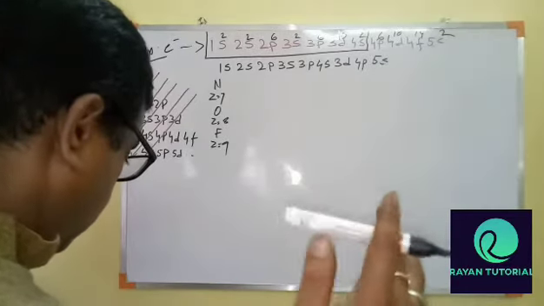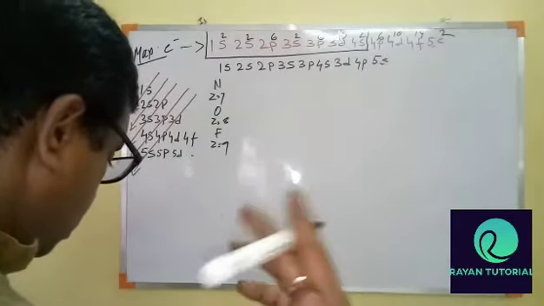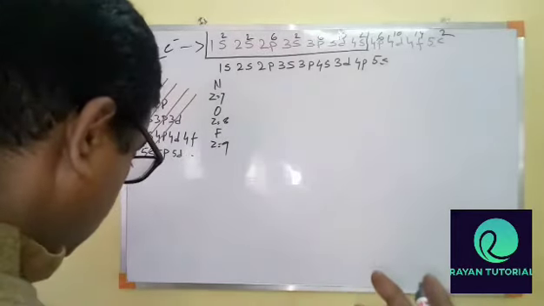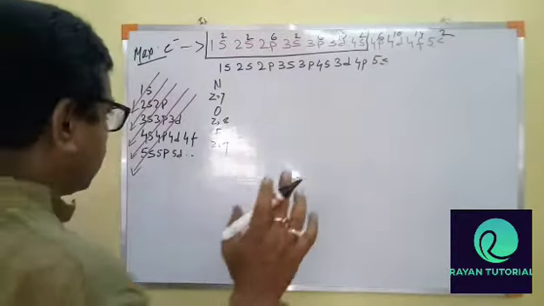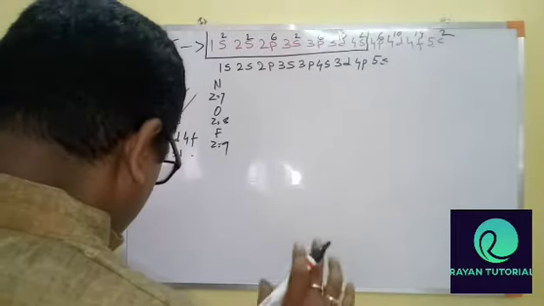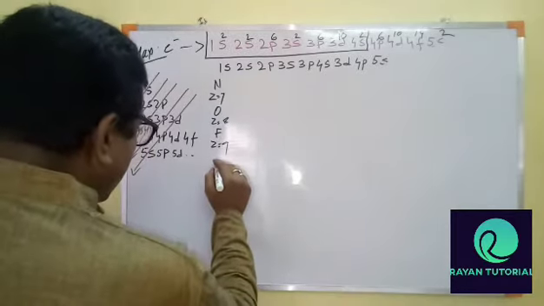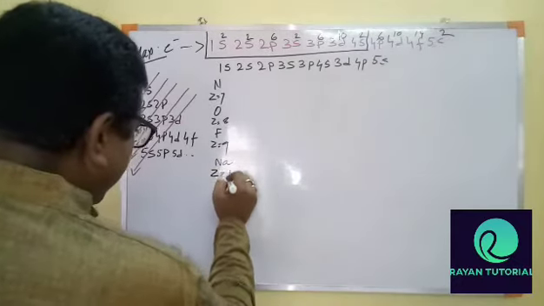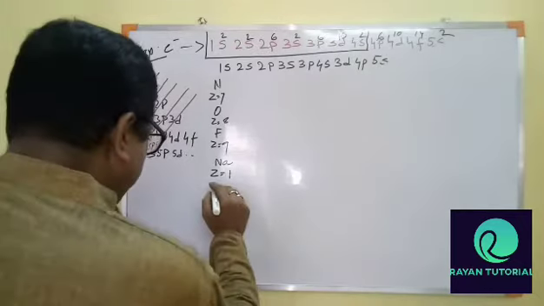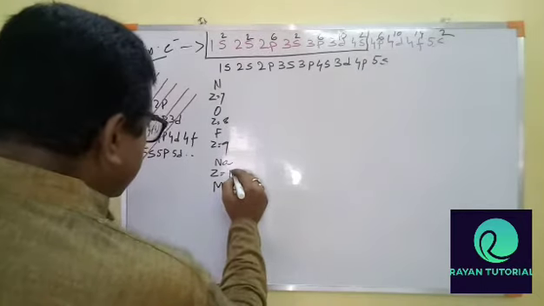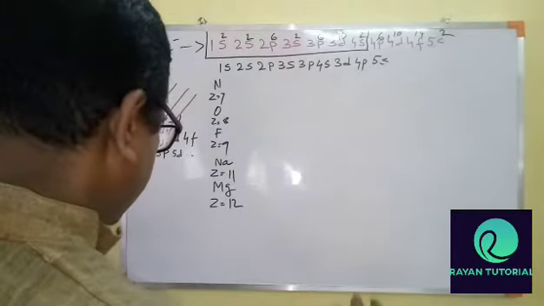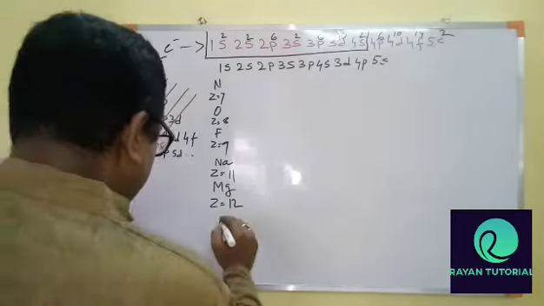I am forgetting. Sorry, I forgot. Fluorine 9 I remember, 10 I forgot. Then sodium. Sodium is 11. After sodium is magnesium. Sodium is 11, magnesium is 12. After magnesium, I think aluminium.